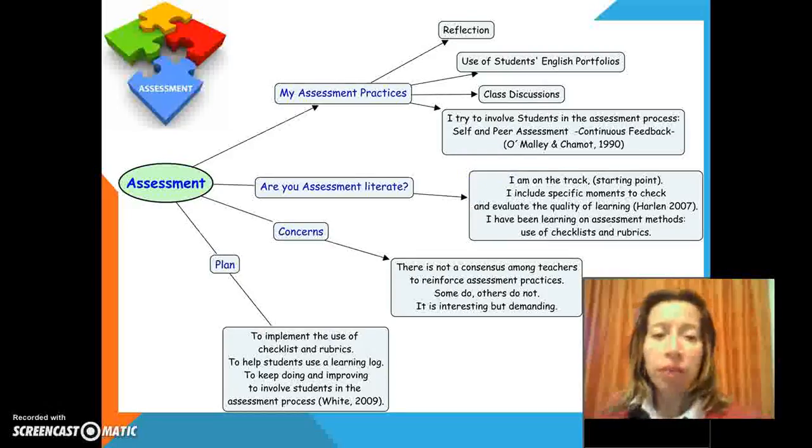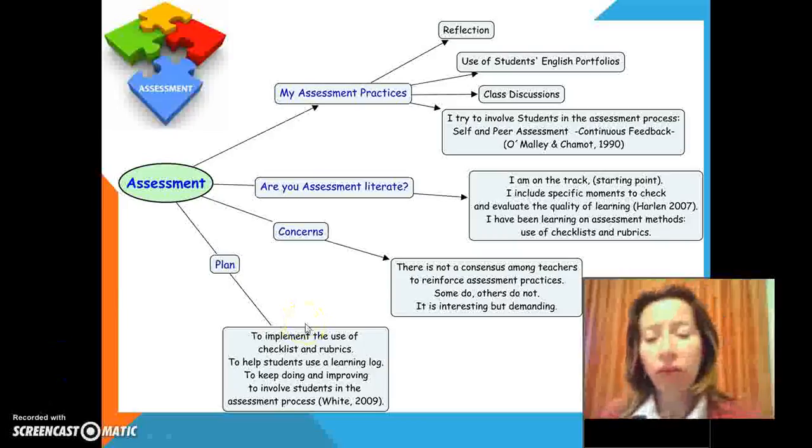And I have been learning on assessment methods. At this moment, I'm interested in learning how to use effective checklists and rubrics to continue to reinforce that assessment process. About the concerns I have, I would say that in the place where I work, there is not a consensus among teachers to reinforce assessment practices.